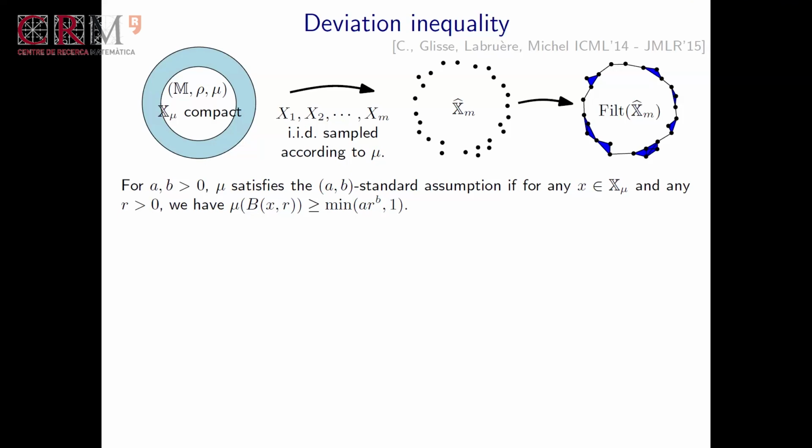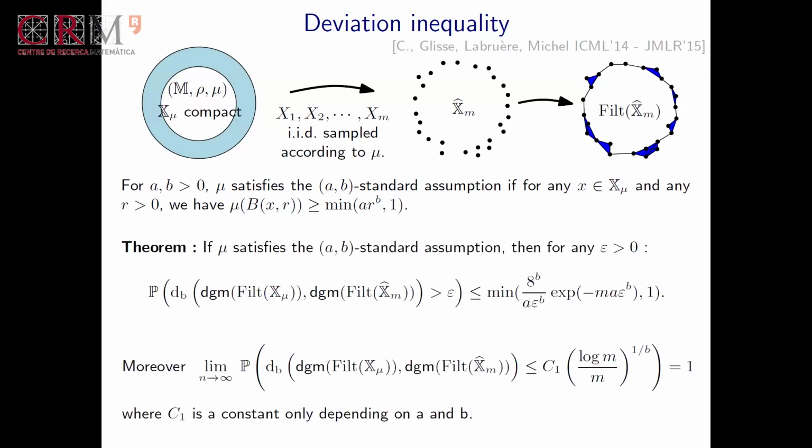And now, if you suppose that your measure is (a,b)-standard, you very easily get a deviation inequality. So you are given m and epsilon.